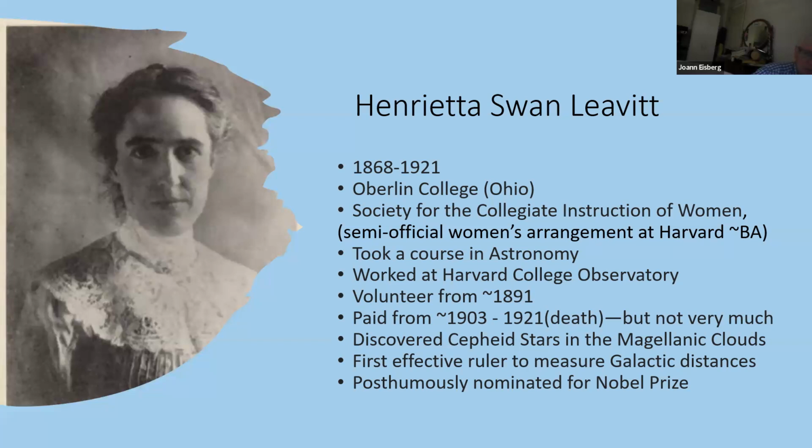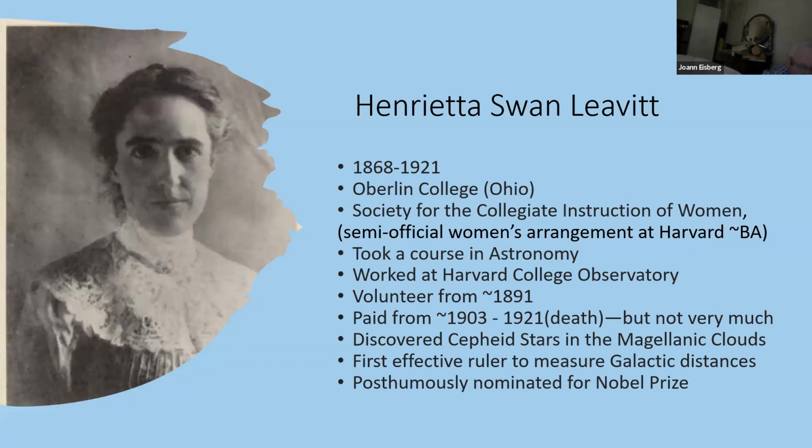Why do we care? What did she do? Well, she discovered the first Cepheid stars in the Magellanic Clouds, which we'll get to in a minute, but not to give the punchline away. It was the first effective ruler for measuring distances at a galactic scale, right? You're astronomers, so you probably are well aware that parallax, just the effect you get from being on a moving Earth looking out at the stars around you, is good for distances with quite close-up stars, but especially then, technology of the 19-whatevers is just not going to get you very far into the universe.